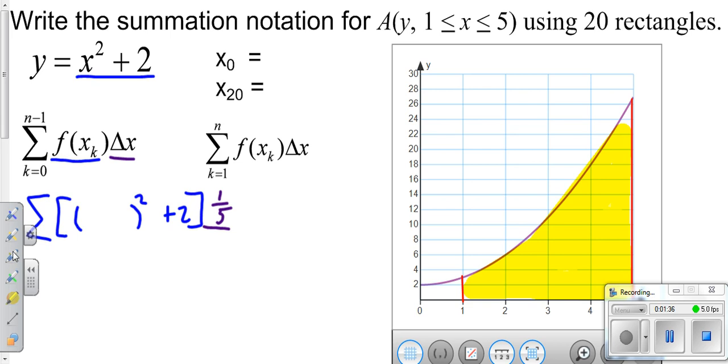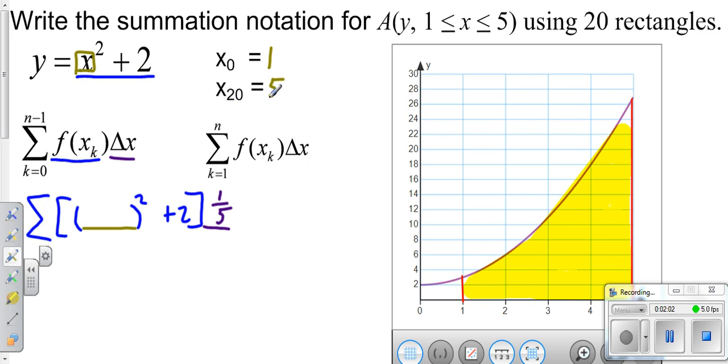Now, instead of writing x, we have to put something in there. To figure out what we put in there, we look at our x sub 0. X sub 0 is always where you begin. In this case, it's 1. X sub the number of rectangles, in this case 20 rectangles, is always where you end, which is 5.